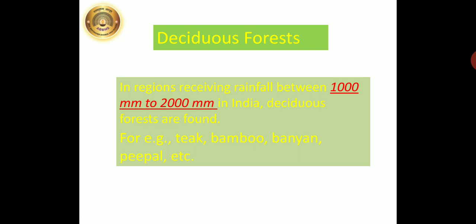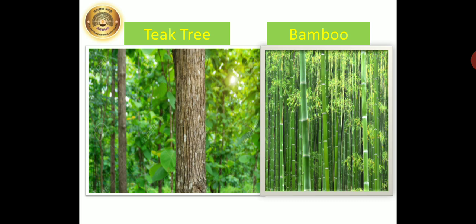For example, the teak, bamboo, banyan, peepal, etc. You have already seen the banyan tree and the peepal tree. Here you will see a teak tree and a bamboo tree. Now this teak wood is a hardwood which is used for making furniture.